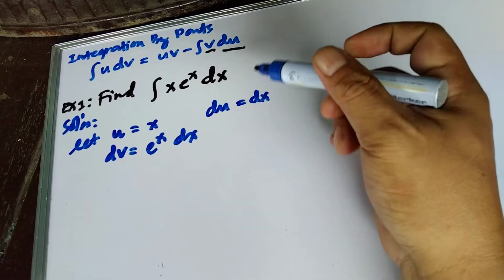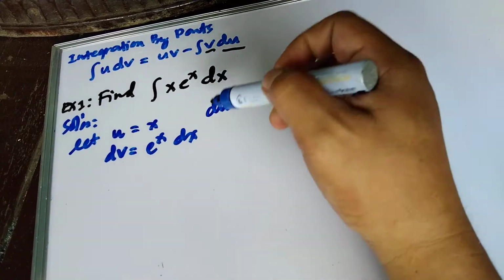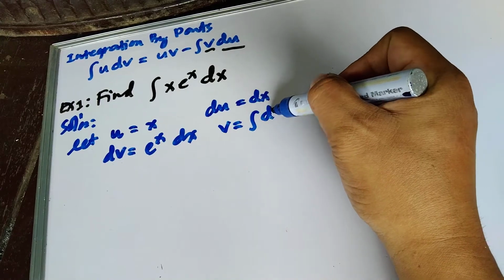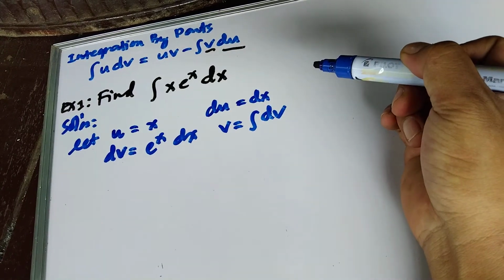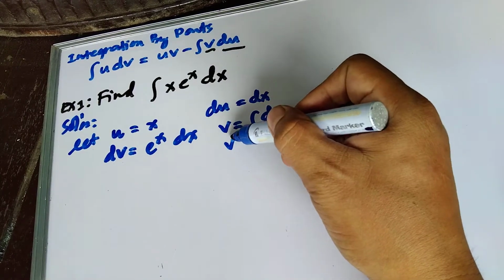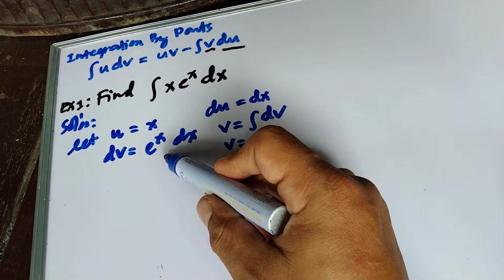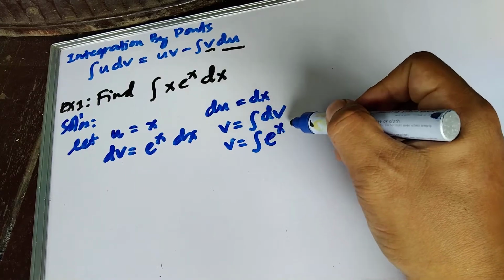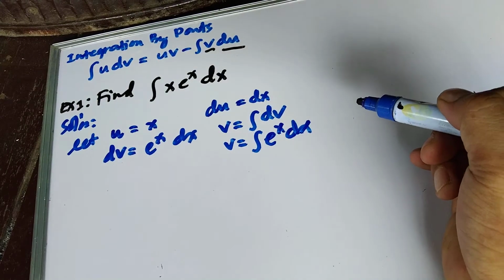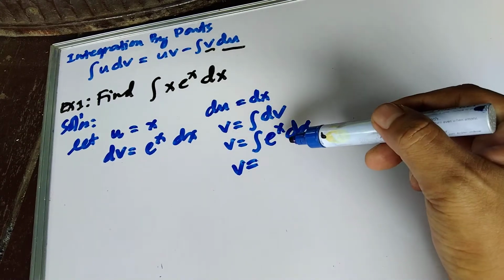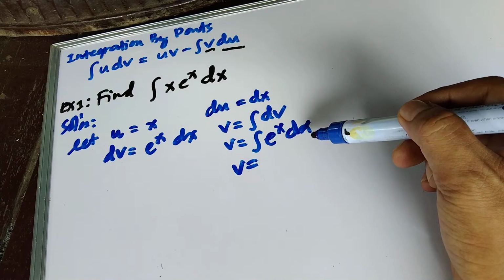So in finding the value of v, we simply have v is equal to the integral of dv. So that is v is equal to the integral of e to the x dx. So it follows that your v is, what's the integral of e to the power of x dx?